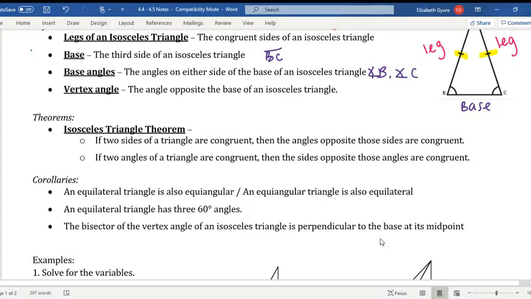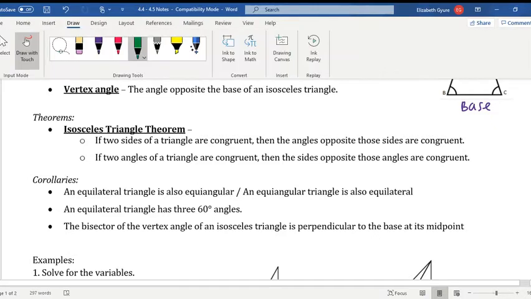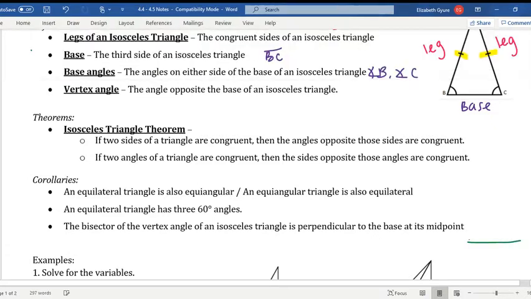And then the last corollary is that the bisector of the vertex angle of an isosceles triangle is perpendicular to the base at its midpoint. So what that means is if you have an isosceles triangle, the bisector of the vertex angle, remember that's going to be the one that's not congruent to the other two.